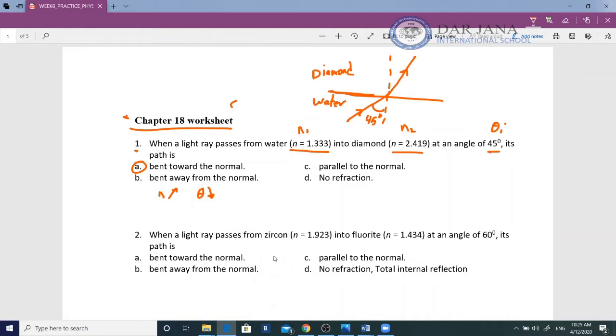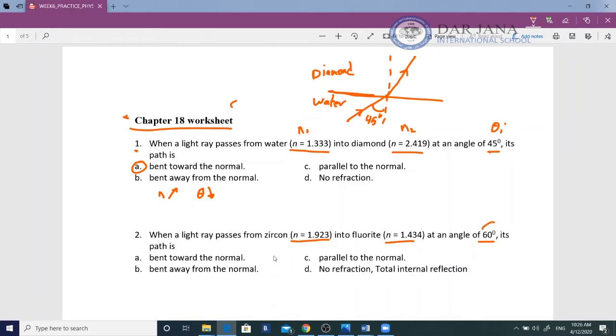Number 2, when light passes from zircon, 1.93, to fluorite at an angle of 60 degrees, its path is... here we are going from high index to low index.